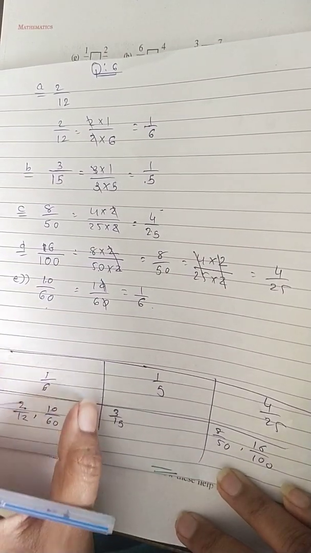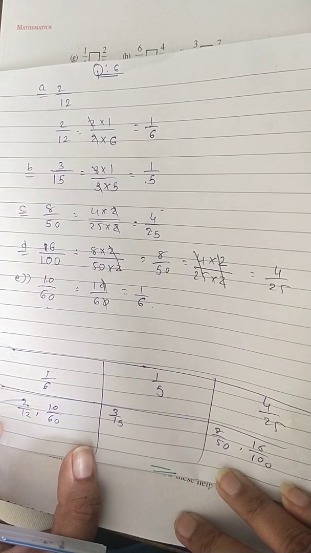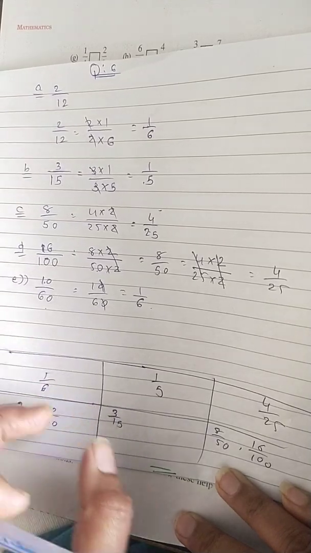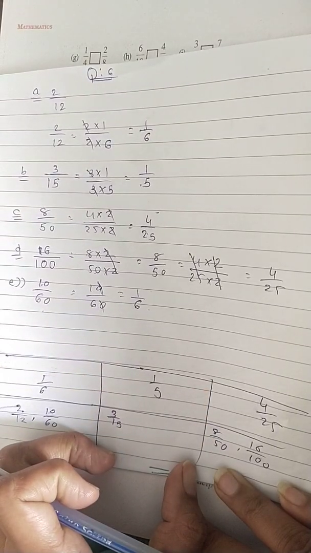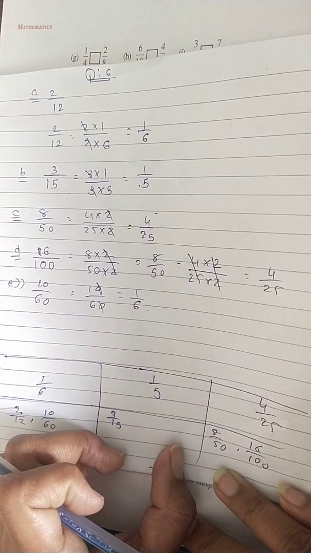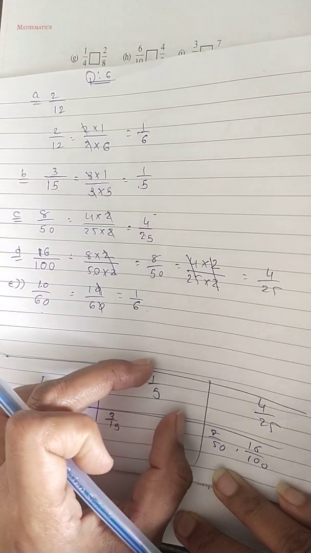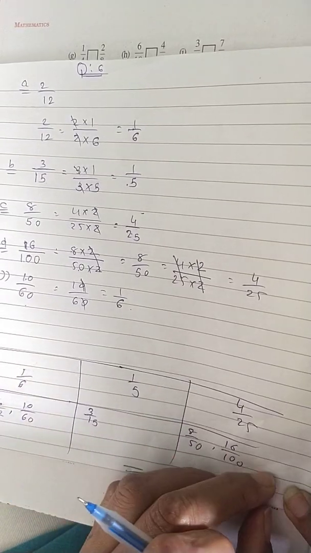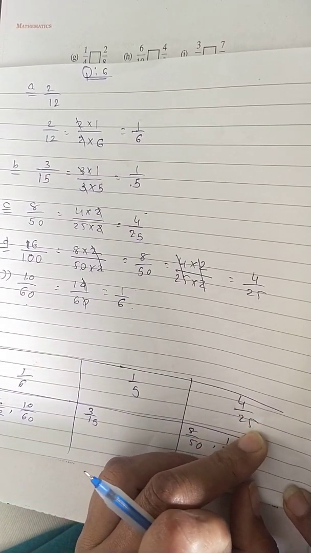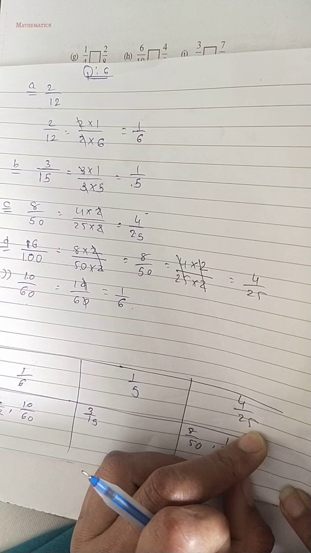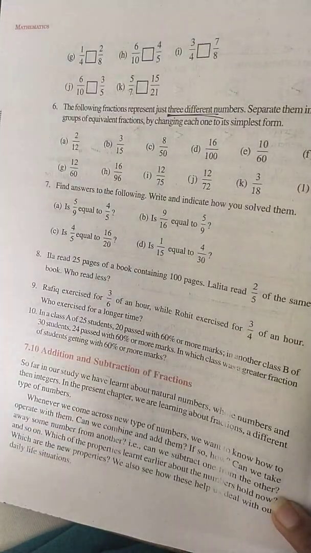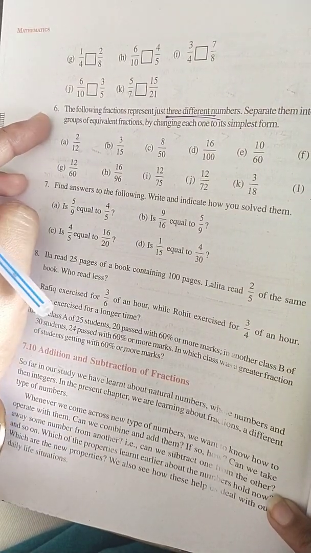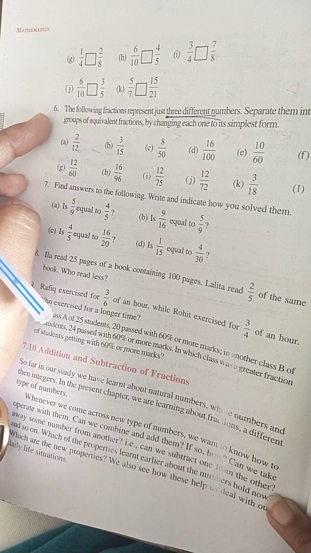Whatever numbers we write here are equivalent to 1 by 6, here equal to 1 by 5, and here equal to 4 by 25. Understood students? So please try to do question number 6 by yourself.